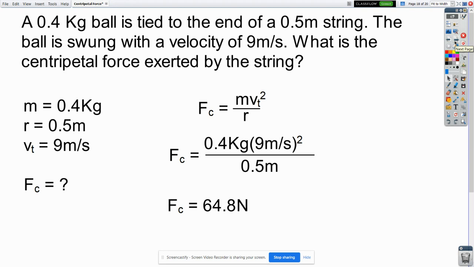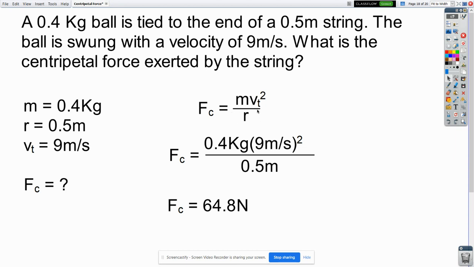Of course, all 4 of these have been just using standard calculations, no algebra, no unit conversions, no extra steps. You are expected to be able to work these kinds of equations algebraically. I should be able to give you the centripetal force and the velocity and the radius and have you find the mass, or ask you to find the radius for me if I give you the force, the mass, and the velocity.